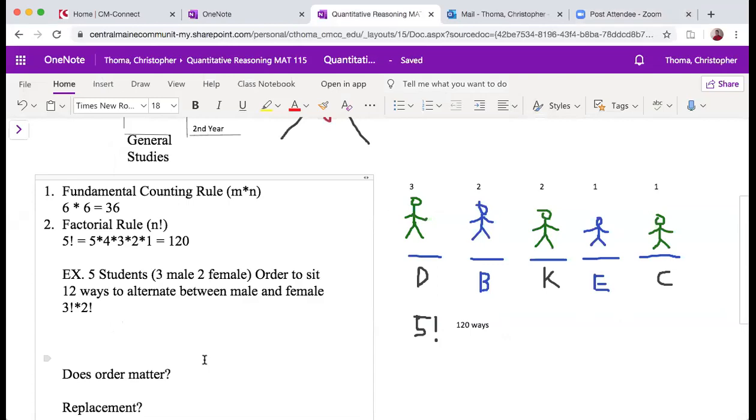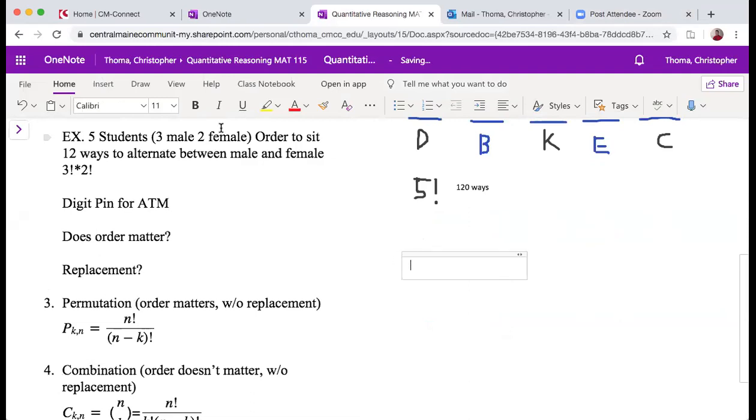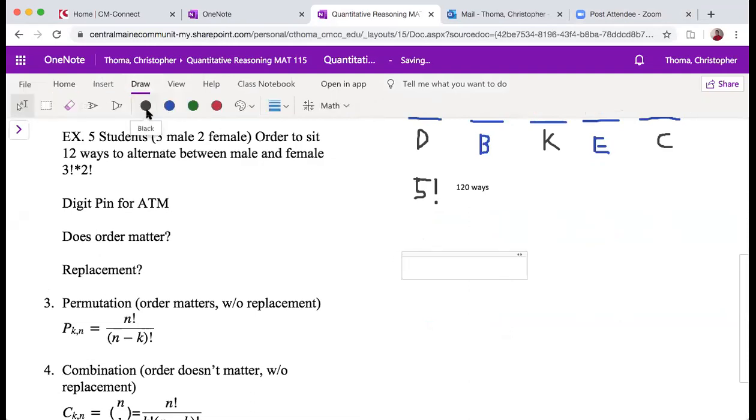And just think about your ATM cards, right? Typically you need a 4-digit PIN. So if I do a 4-digit PIN, I always like to draw things when they're small because it's a nice visual. So I have 1 number, 2 numbers, 3 numbers, and 4 numbers.